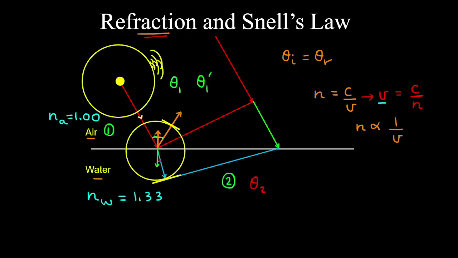So by geometry, this angle theta 1 is equal to this angle theta 1 that the incident wavefront makes with the surface.